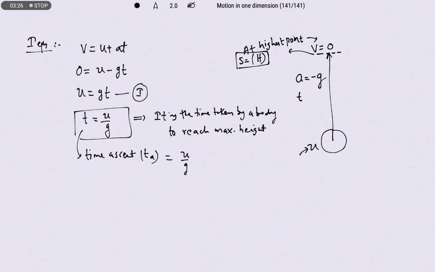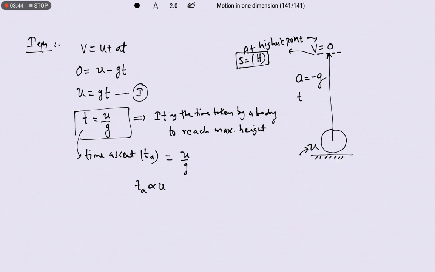From this expression we can understand that the time of ascent at a particular place is directly proportional to u. Why? If the place changes, the acceleration due to gravity will change.